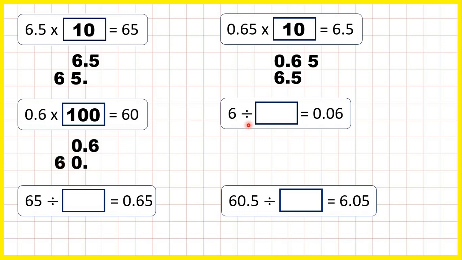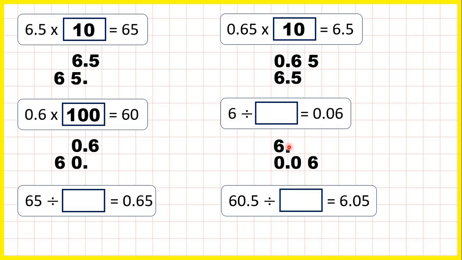Now we have some missing number division problems. 6 divided by what equals 0.06? So we can write out the number 6 and write a decimal point on the end, because we can always write a decimal point on the end of a whole number.